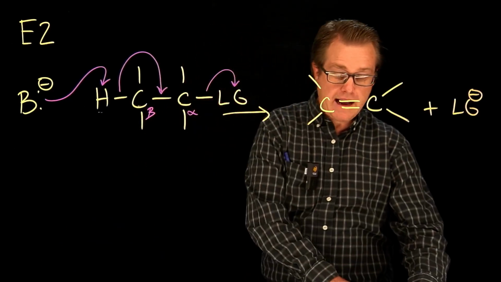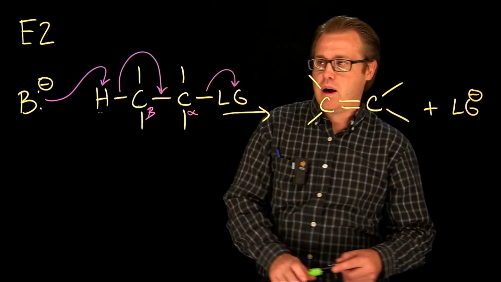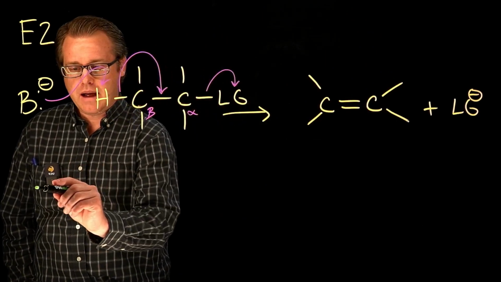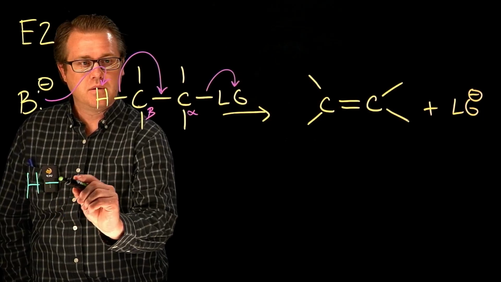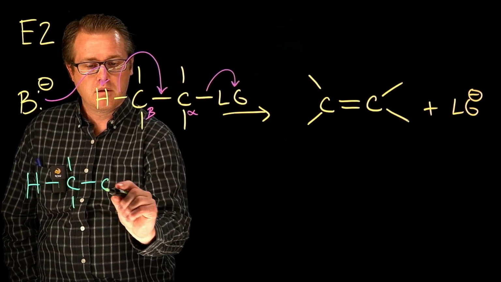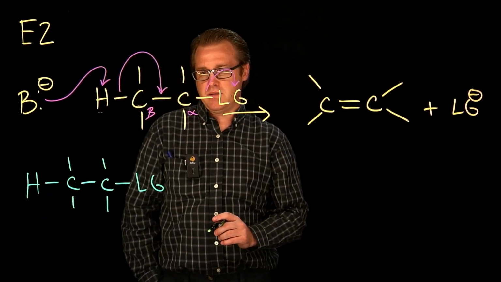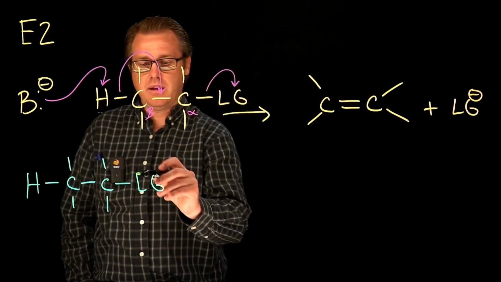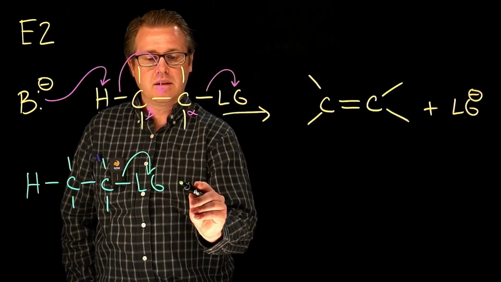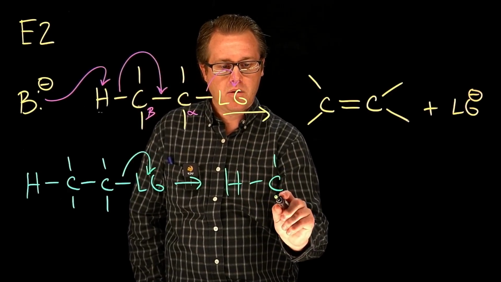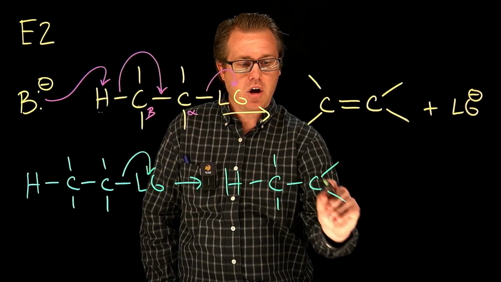Now we can contrast this to an E1. So in E1, we could have the same molecule, but the mechanism proceeds a little bit differently. What's the first step? The leaving group leaves, generating a carbocation.